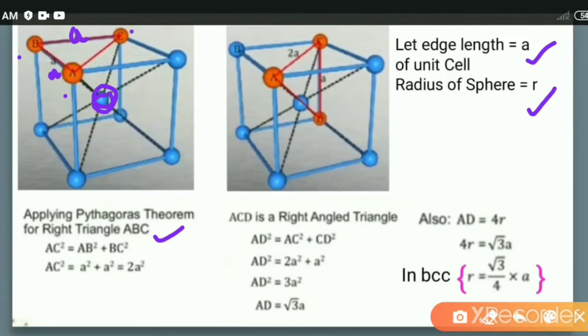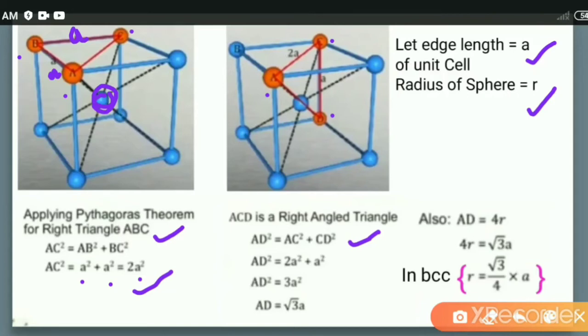According to the Pythagoras theorem, AC square is equal to AB square plus BC square. From the figure, AB is equal to A, BC is equal to A. So AC square is equal to A square plus A square, that is 2A square. Now, let us take another right triangle, ACD. Applying the Pythagoras theorem, AD square is equal to AC square plus CD square.